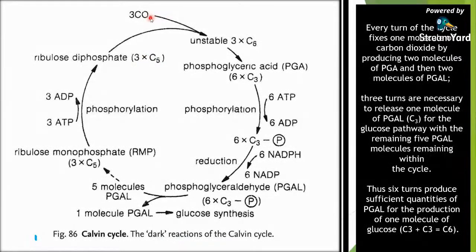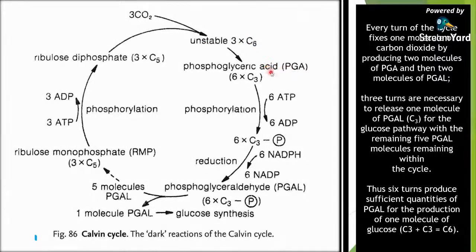Again, we will just revise it. What is that? The CO2 from air comes towards the plant through stomata, and then it combines with ribulose diphosphate, which is a C5 sugar, and it gets converted to a 6-carbon sugar, which is a stable compound. Now this will be converted into phosphoglyceric acid.